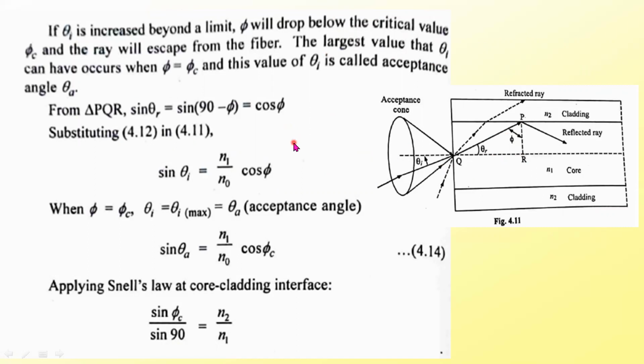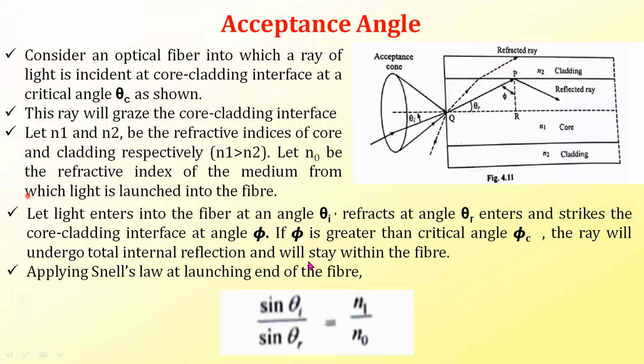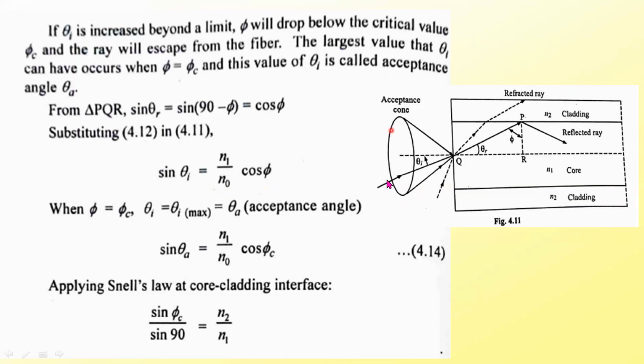So from the previous equation, sine theta i by sine theta r is equal to n1 by n0. Here sine theta r is equal to cos phi, right?